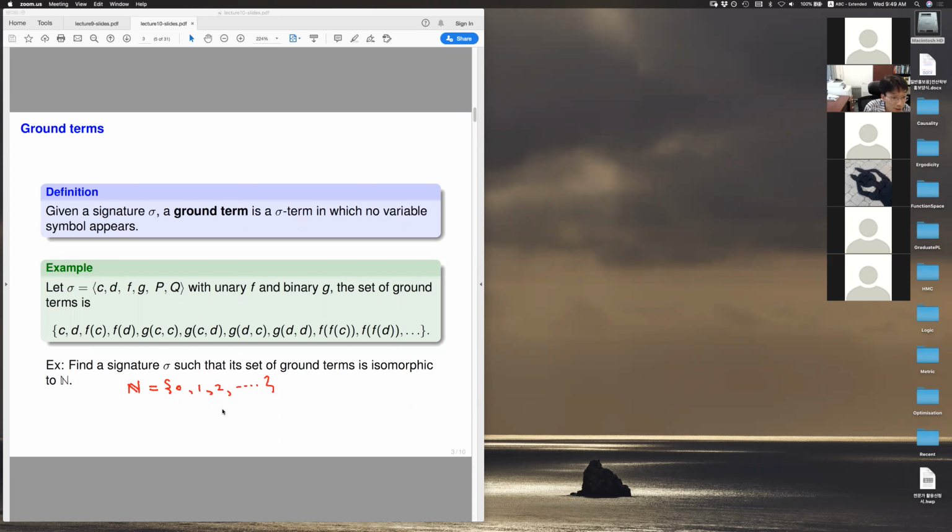Okay, so the answer is really simple. The simplest signature that you can think about is a signature which contains a constant symbol called 0, and then an arity 1 function symbol called successor.